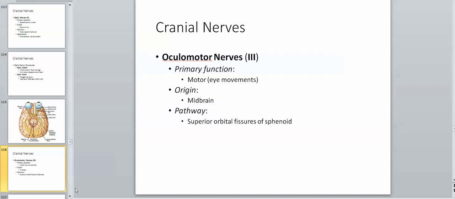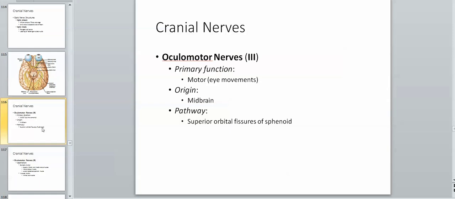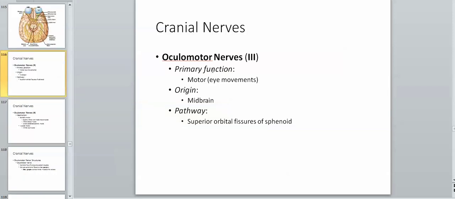So actually, I'm not sure about the iris. I have to look that up. But it does change the shape of the lens in your eye. And the oculomotor nerve is one of the major cranial nerves that move your eyes.